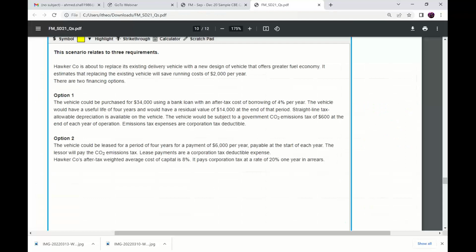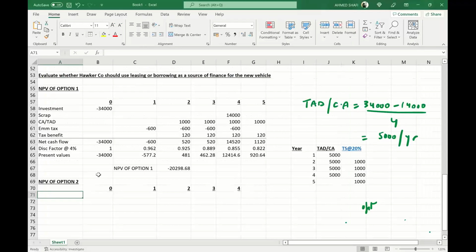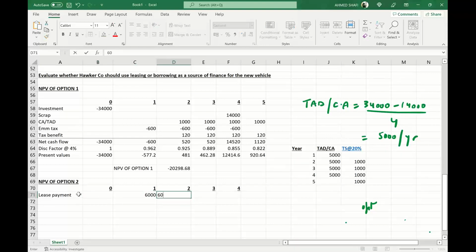The vehicle could be leased for a period of 4 years for a payment of 6,000 per year payable at the start of each year. So the payment is 6,000 per year. In a normal case, for 4 years, it would be 6,000 each year.